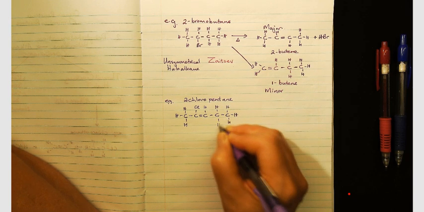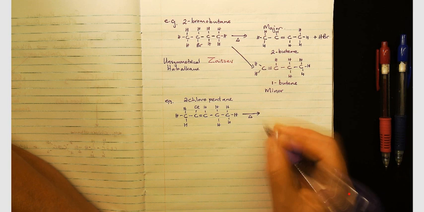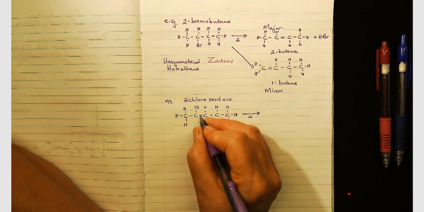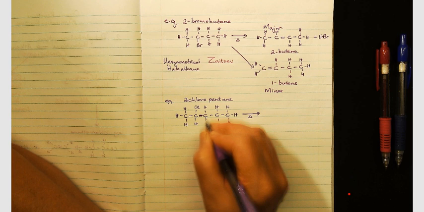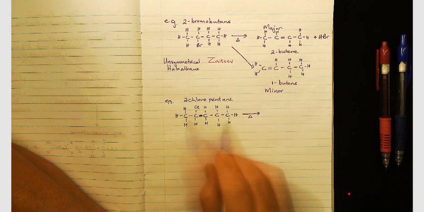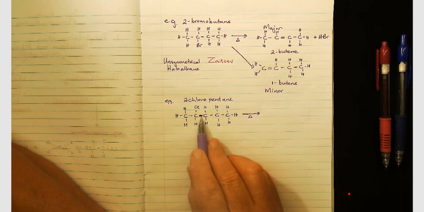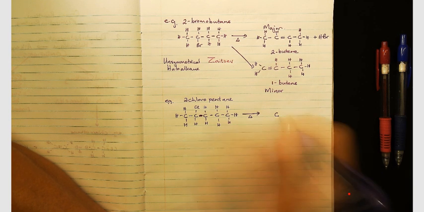So there would be 2 possible products in thermal cracking here. This is a saturated carbon. Haloalkane is saturated. So the chlorine will break off from the second carbon.